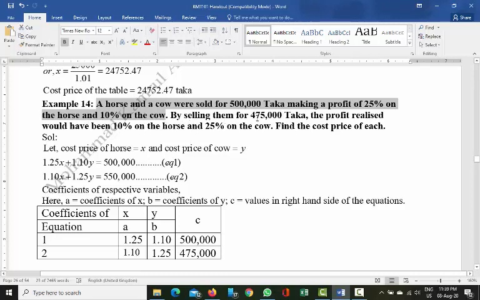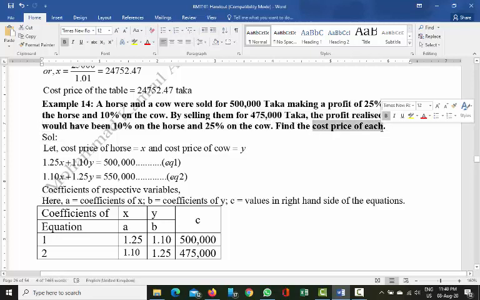By selling them for 475,000 taka, the profit realized would have been 10% on the horse and 25% on the cow. So find the cost price of each.